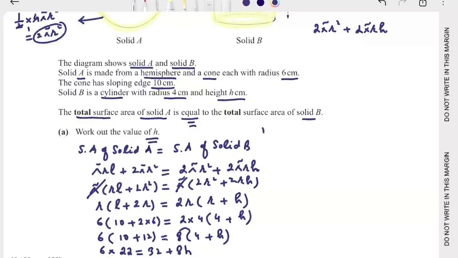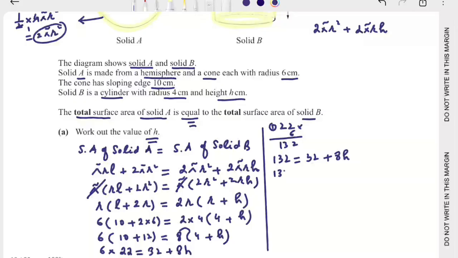Now we'll further multiply. So 22 times 6 would be 2 6s are 12, 1 carry, 2 6s are 12 and 1, 13. So 132 is equal to 32 plus 8h.